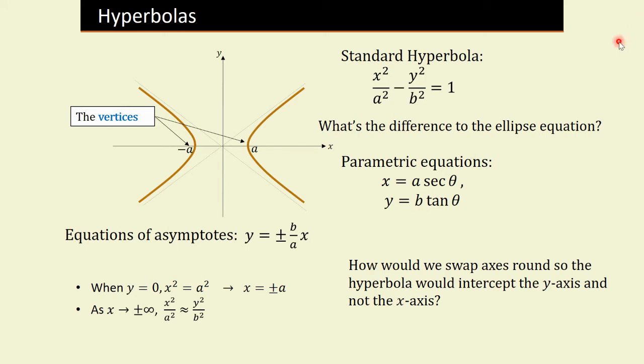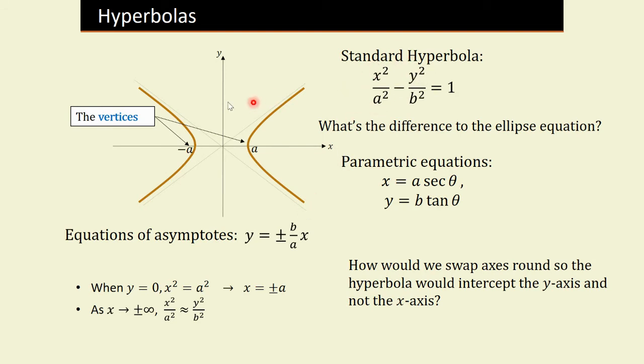If we swap the axes round, so the hyperbola would intercept the y-axis and not the x-axis, the only thing that would be different is that we would have these things the other way around. So you would have y squared over b squared, and x squared over a squared being subtracted, the other way around, just in the same way.